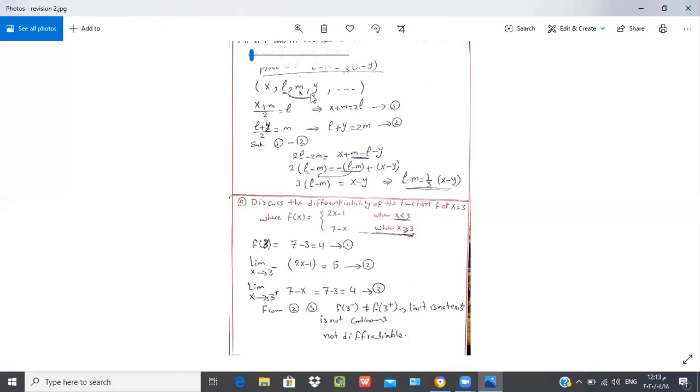And for these three parts, I have (L plus Y) divided by 2 equals M. So L plus Y equals 2M. Okay?